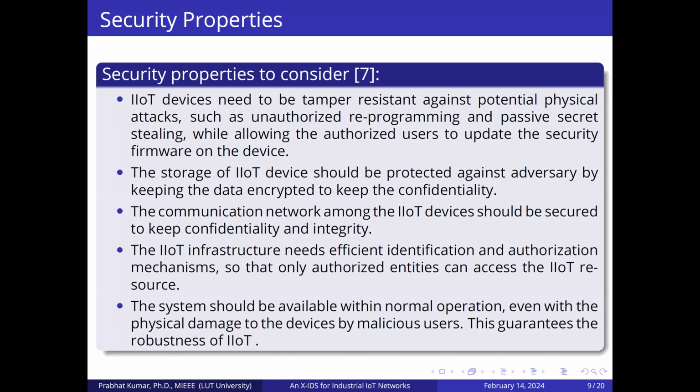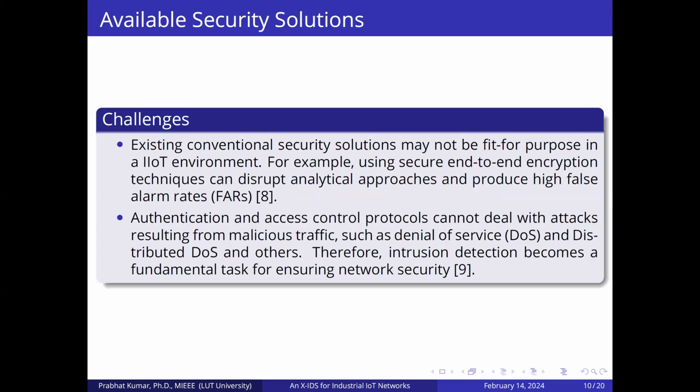And like I said, availability: the system should be available with normal operation, even if there is certain physical damage to the devices by some unknown or malicious users. So if we can achieve these things, we can guarantee robustness in the whole IoT infrastructure from a cybersecurity point of view. But what are the challenges in having these techniques?